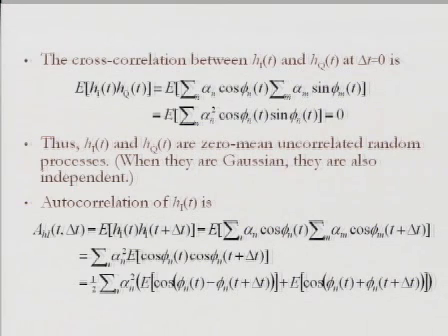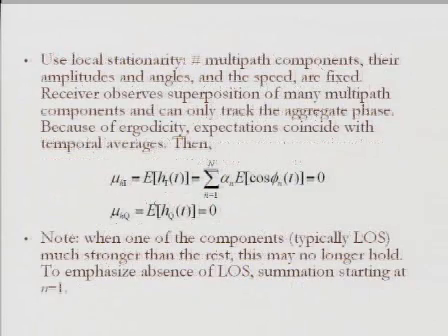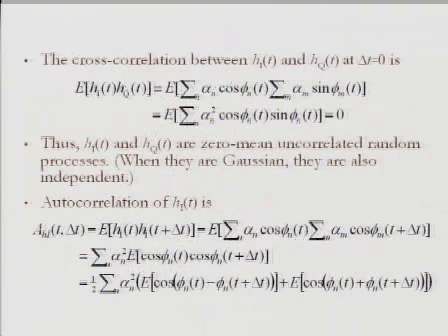The expected value of the product of two independent quantities is the product of the expected values, and we just showed that the expected values are 0. So for n and m being different, we can use independence to factor the expectations. Since each of the expectations is 0, because it's just a sine or a cosine, all the cross terms where n and m are different are 0 automatically.